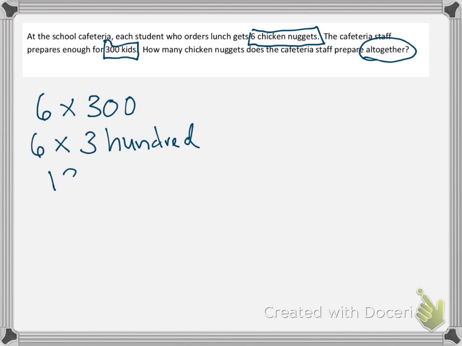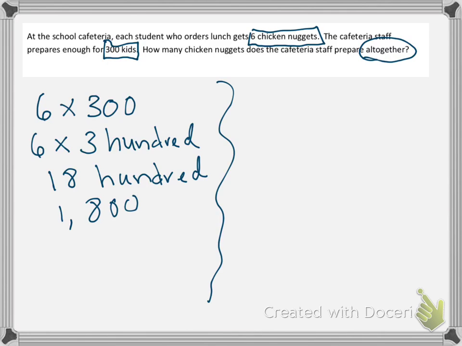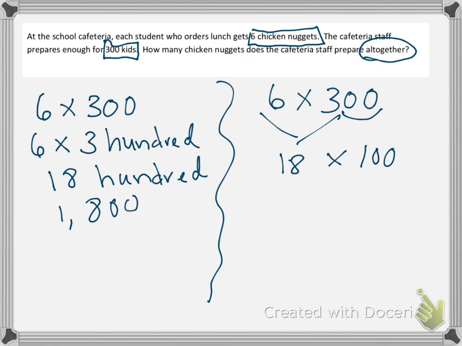6 times 300 is equal to 1,800. That's one way of doing it. Another way of doing it is writing 6 times 300. We have 6 times 3 is 18. And we're multiplying this by 100. 18 times the 1 is 18.